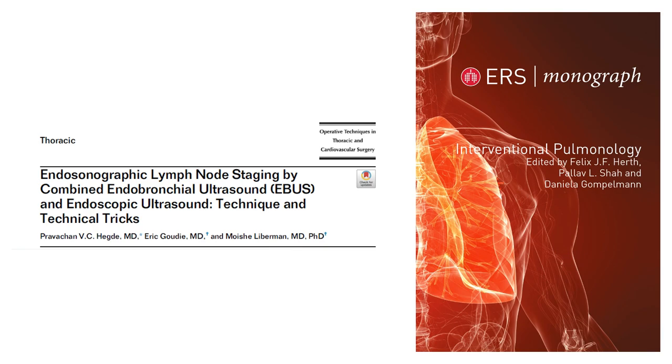When I've done cryo through the EBUS and then gone and done an EUS FNB, using a Franseen needle, 22G, I have found no difference in the yield, and both have picked up a diagnosis of lymphoma or sarcoid in that patient population.